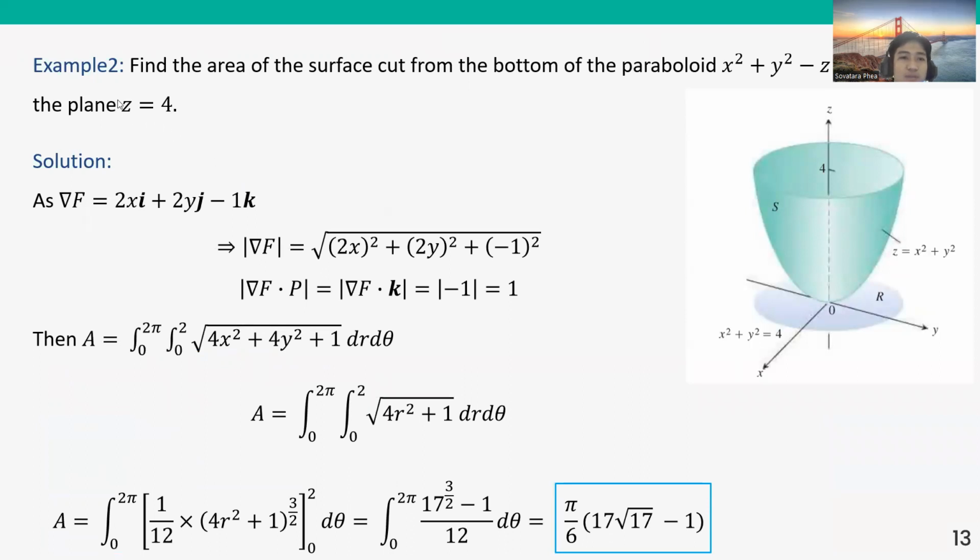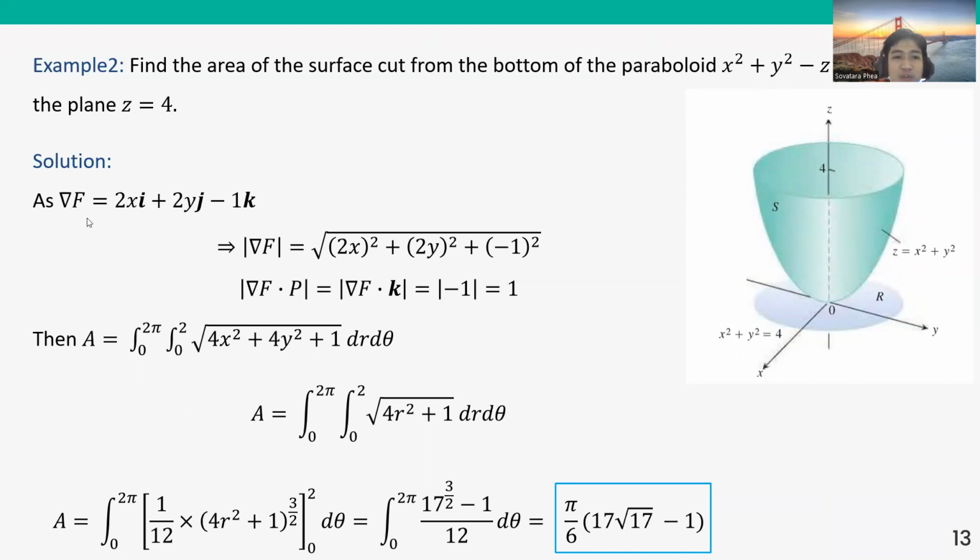So example: find the area of the surface cut from the bottom of the paraboloid x squared plus y squared minus z equal to 0 by the plane z equal to 4. So for the answer, we have to use the formula of the implicit surface. So gradient f equals 2xi plus 2yj minus 1k, because we just have to differentiate this paraboloid.